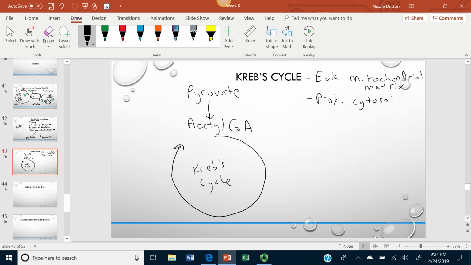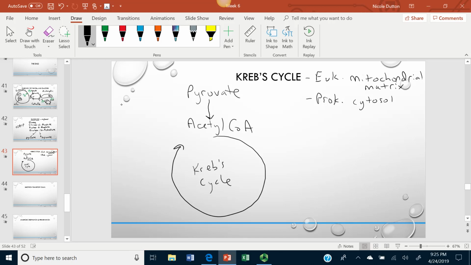This cycle is so important because this is the component of cellular respiration where you can have inputs of amino acids. So amino acids can jump in here to help make energy. Lipids can jump in here to help make energy. Components of this can go away to make lipids or go away to make amino acids. So this is kind of the central hub of all of metabolism, this Krebs cycle.